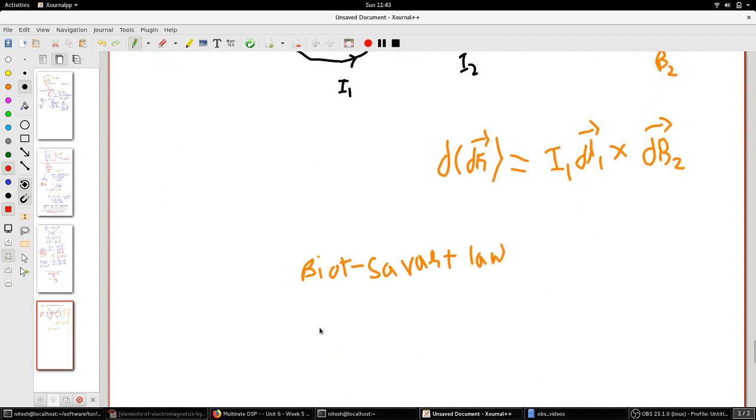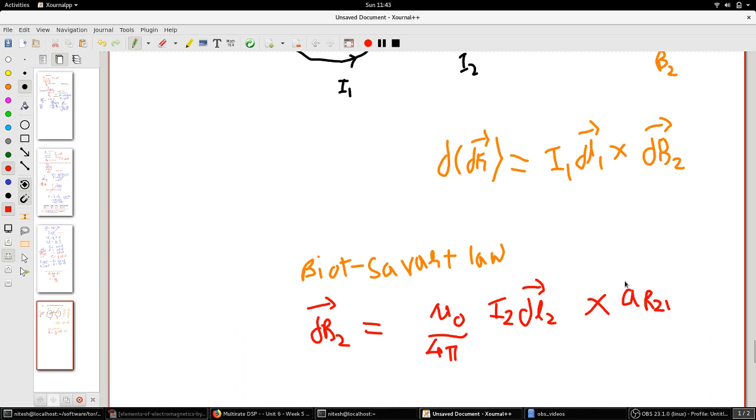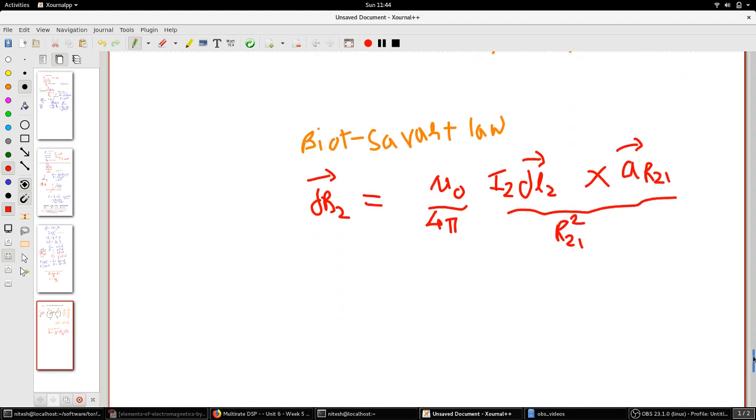Using Biot-Savart law, I will get dB2 equal to mu 0 upon 4 pi into I2 dl2 cross product with unit vector aR21 divided by R21 square, right? So this is the value for dB2 that you will get.